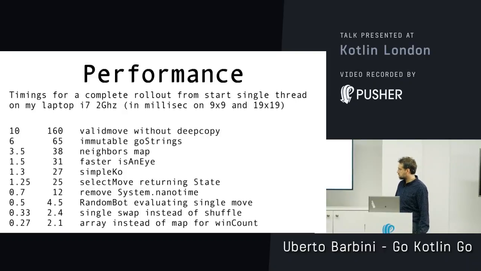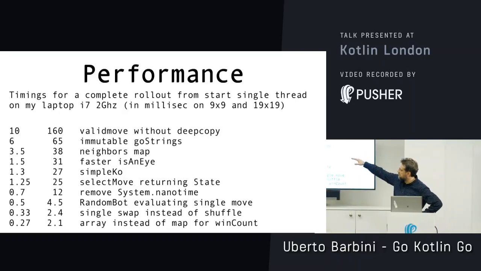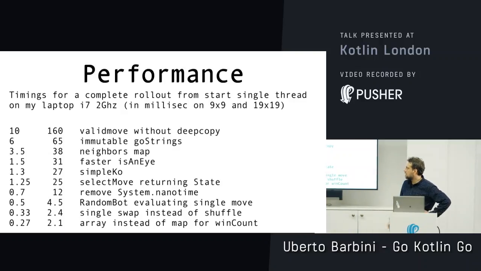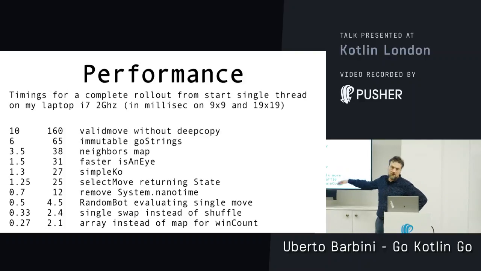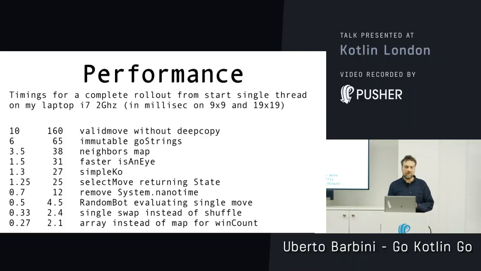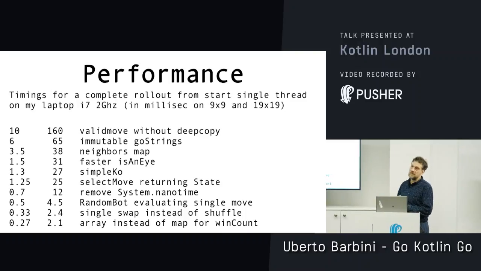Then I kept improving, and the last situation is more or less 20 times faster. Most of the lesson learned on this performance work is that what is really important is the algorithm.